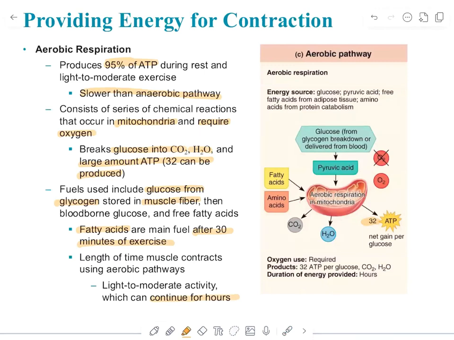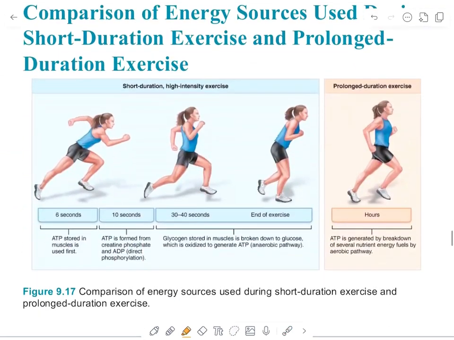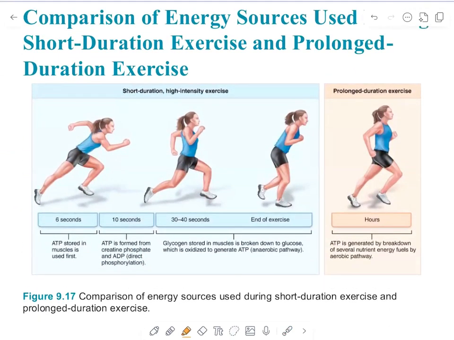When we compare this, for this image here, we see short duration, high intensity exercise, and that's from not only creatine phosphate, but also anaerobic. The first 6 seconds are already the ATP that's stored in the muscle. Then we have direct phosphorylation from creatine phosphate for the next 10 seconds, so a total of about 15 to 16 seconds.